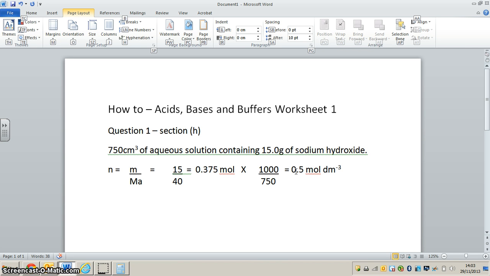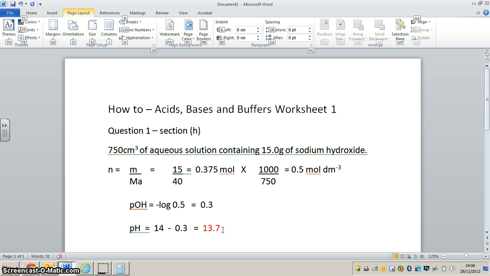So let's give that a go. So there we go, that's pOH equals minus log of 0.5, which equals 0.3. And if we now take this away from 14, we get the actual pH of the solution. So we end up with a pH of 14 take away 0.3, which gives us a final pH of 13.7.